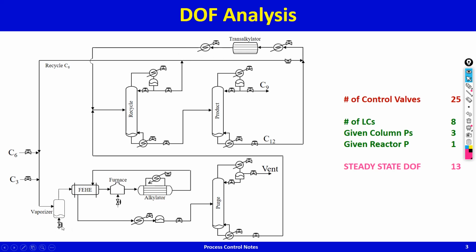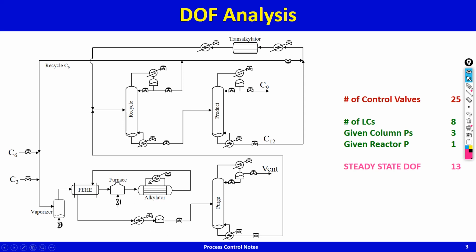Somebody may ask, why do you not have a degree of freedom here or a degree of freedom here? Well, you've got vapor coming in and you're condensing it out here. So this is like condensation on a distillation column. Just like you don't count column pressure as a degree of freedom because it is given, similarly, by condensing everything that's coming here by adjusting the cooling duty.